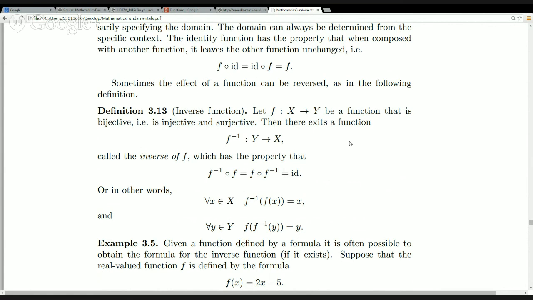That's not a function in the sense that we've defined it. Functions just take an input and give you a unique output answer. So you can't reverse these arrows to give you a function. And equally, if the function fails to be surjective, if there's an element here which doesn't have an arrow coming into it, then you obviously can't reverse the direction because there isn't an arrow there to reverse.